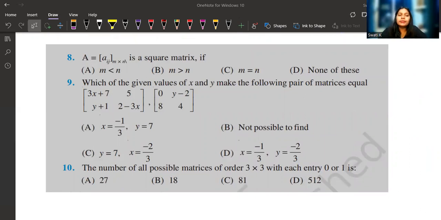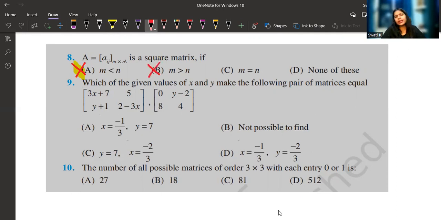So we have the matrix A given as M cross N. It is a square matrix. What is the meaning of a square matrix? The meaning of a square matrix is very simple. The number of rows should be equal to the number of columns. So this is not possible because the number of columns can't be greater than the number of rows if it is a square matrix.